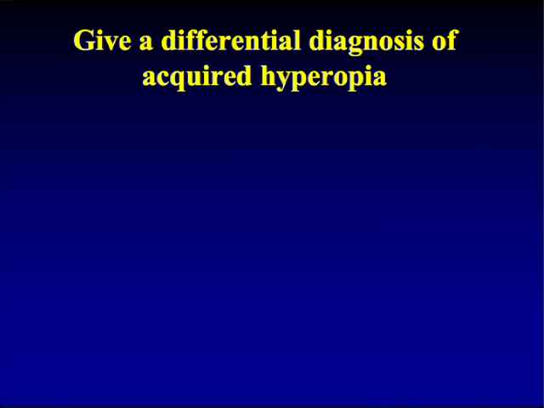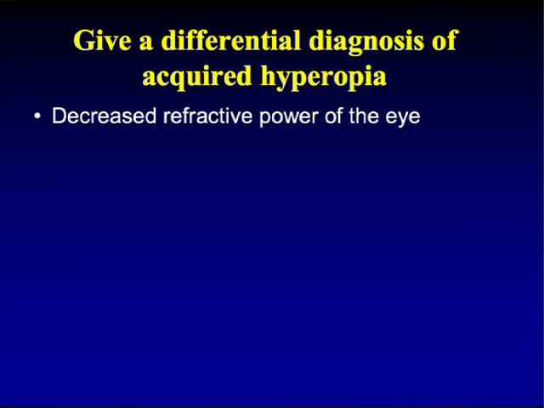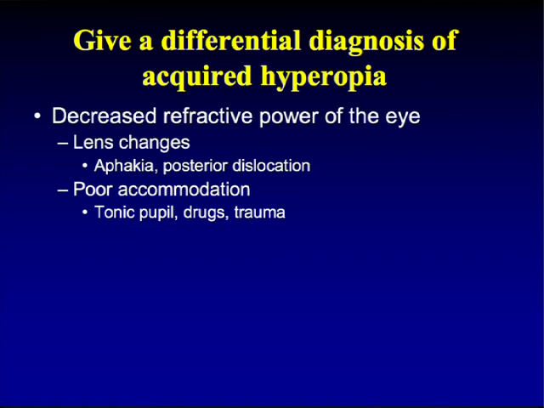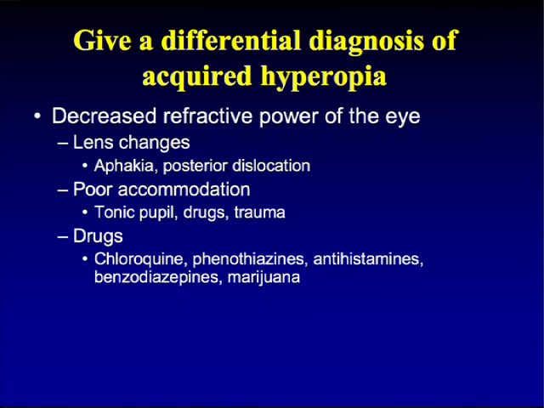So things that can cause acquired hyperopia would be things that make the eye too weak, decreased refractive power of the eye, lens changes, anything that would dislocate the lens posteriorly within the eye, or aphakia, of course. Poor accommodation through drugs, Adie's tonic pupil, trauma to the eye, definitely seen that regularly.